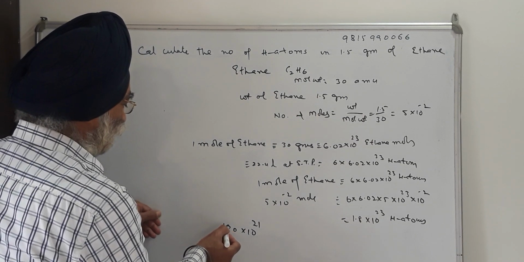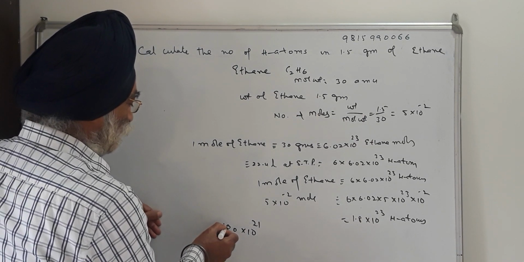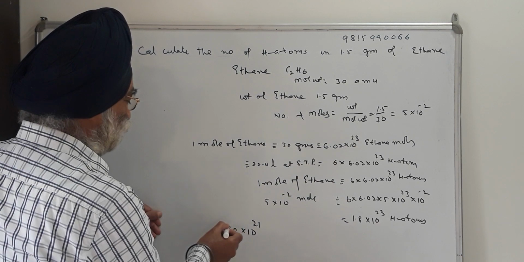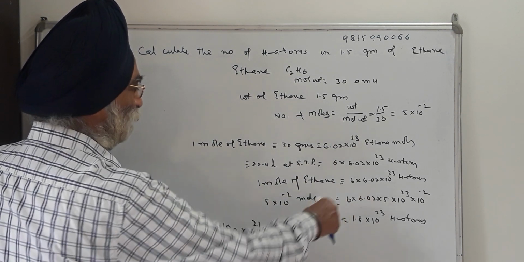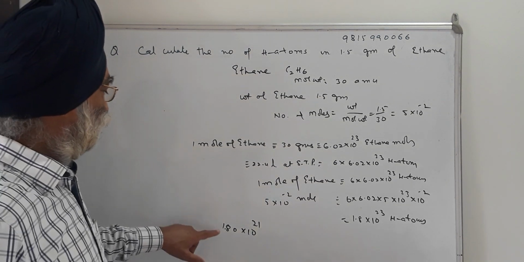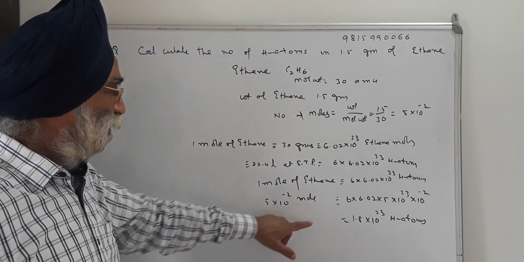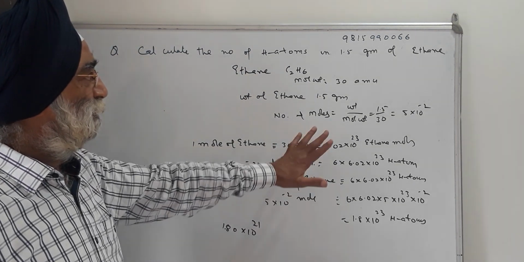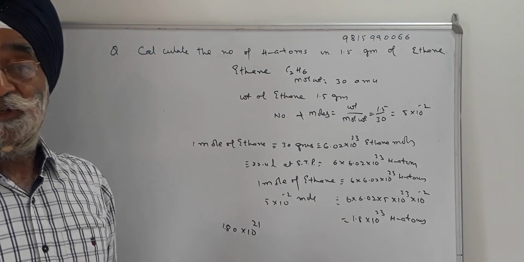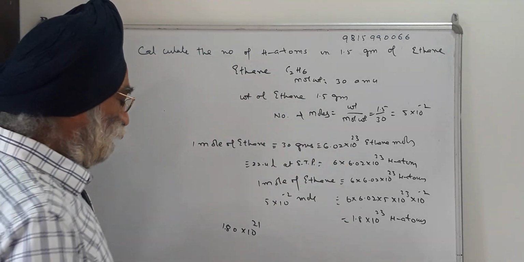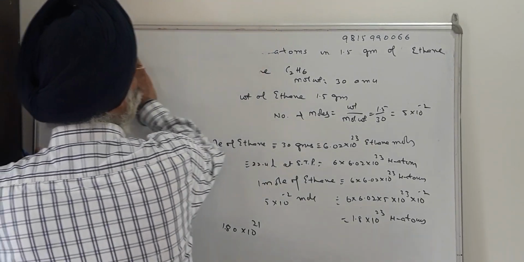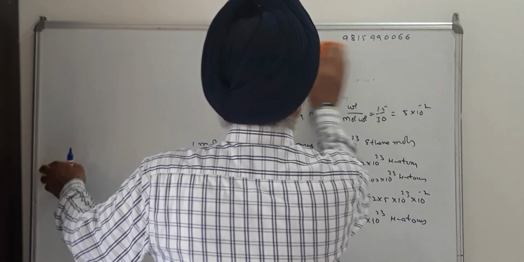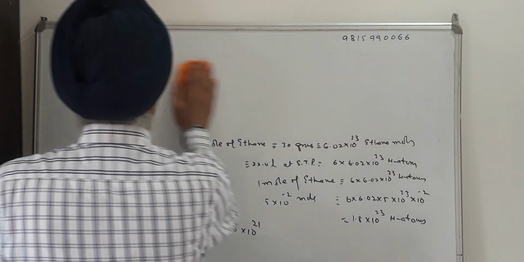We put a dot here, 2 decimal places from right hand side, and the power increases by 2, it becomes 23. So it is 1.80 into 10 raised to the power 23 hydrogen atoms. This question is finished. Let us attempt another question, which is volume based.